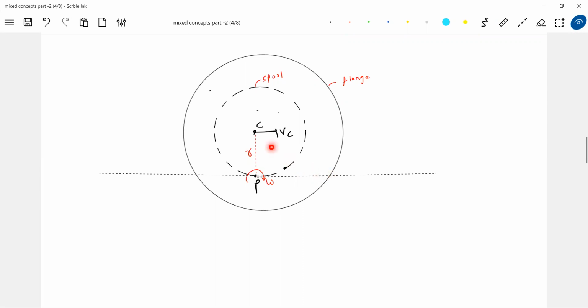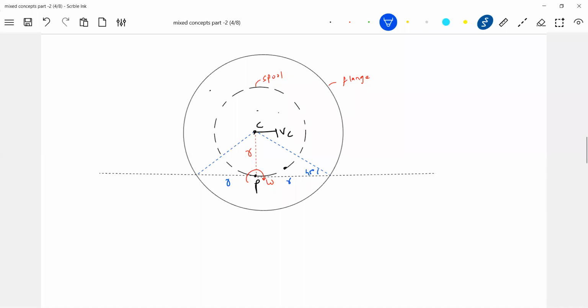I'll draw a triangle. That angle should be 45 degrees. I think you work it out with mathematics. This will also be r. This will be R. So this angle will be 45 degrees, and this angle 90 degrees.